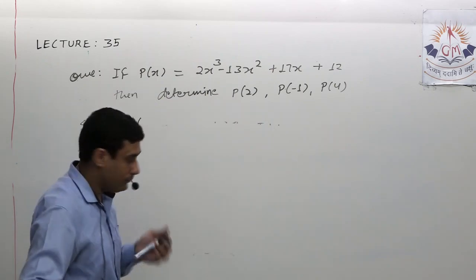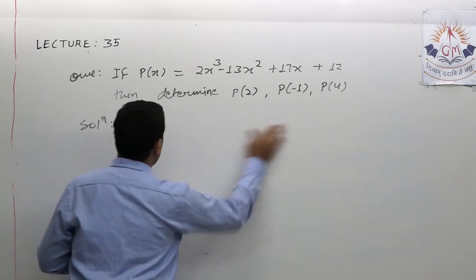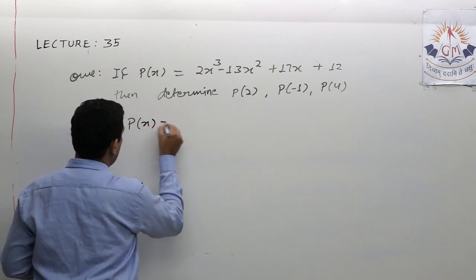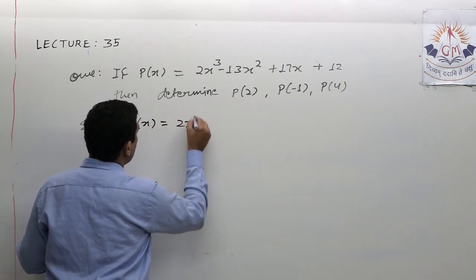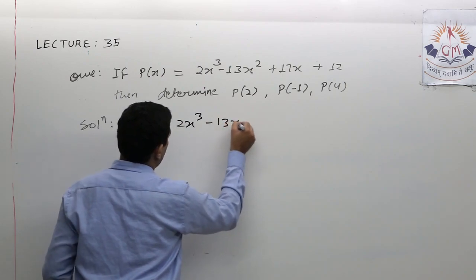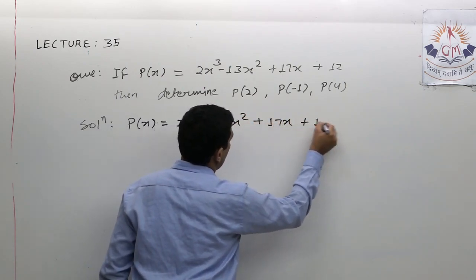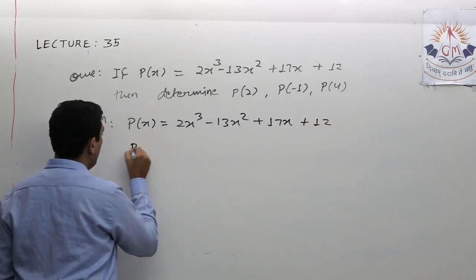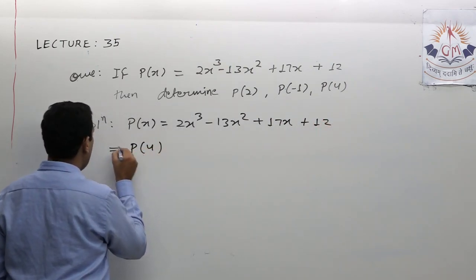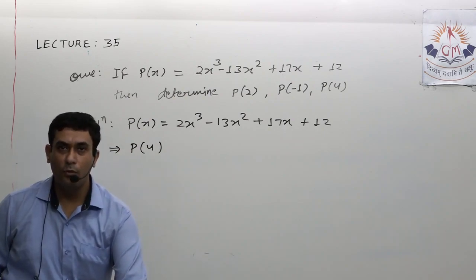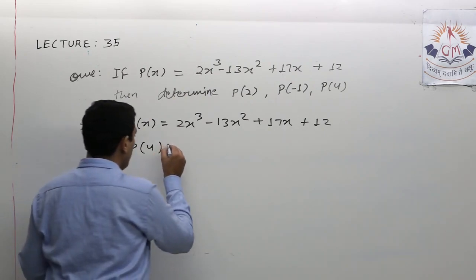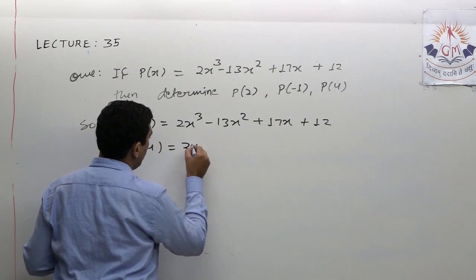p of 4. We have p of x is equal to 2x cube minus 13x square plus 17x plus 12. So to get the value of p of 4, what I have to do, I have to put x equal to 4 in the given polynomial.